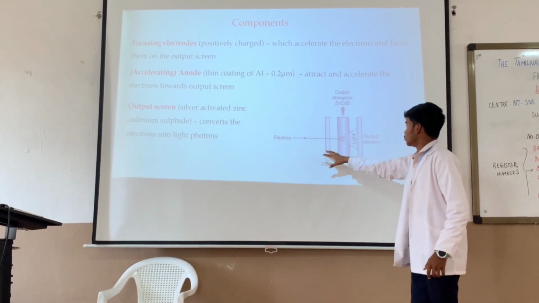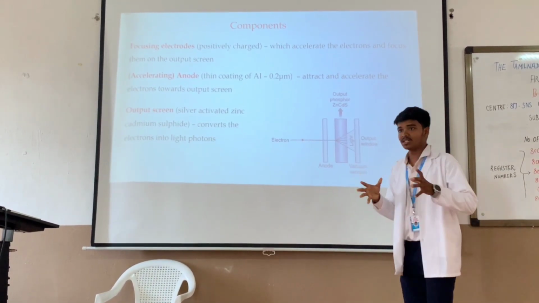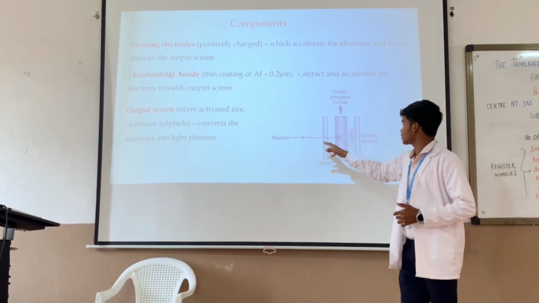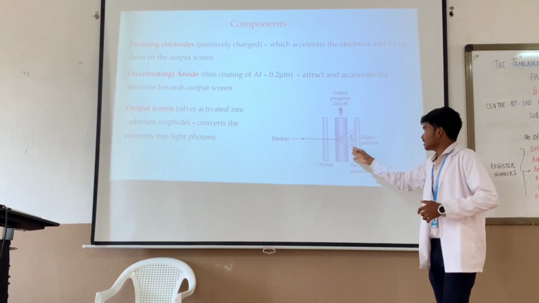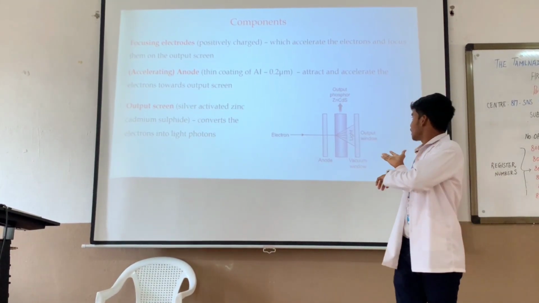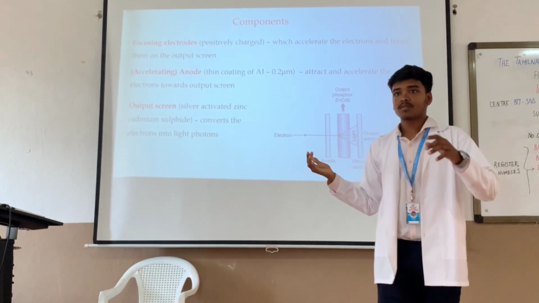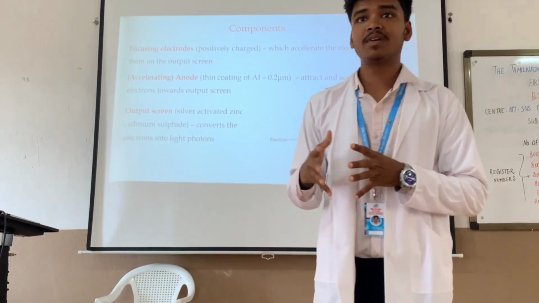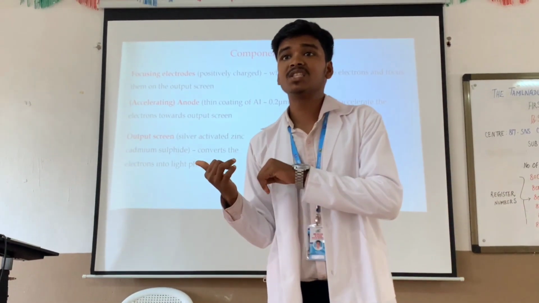The anode collects the electrons and moves them towards the output phosphor, which converts the electrons into visible light. Then the light is sent to the output window. Then it is sent to the ADC, analog to digital converter. Later the digital image is produced.